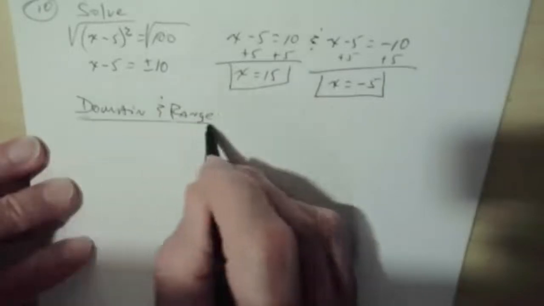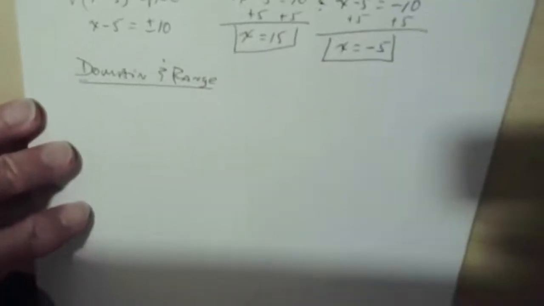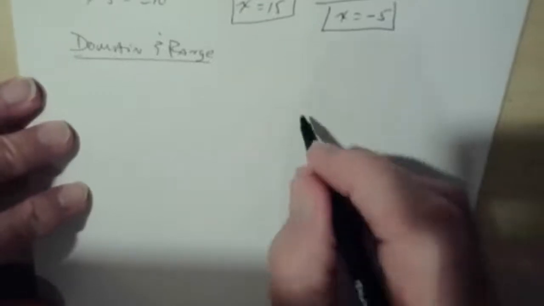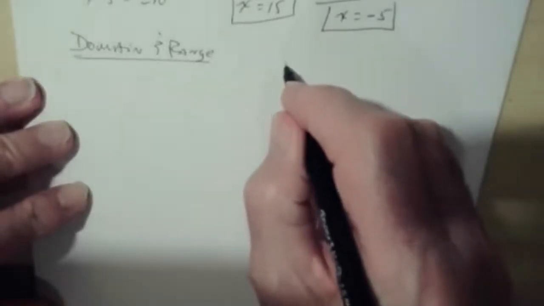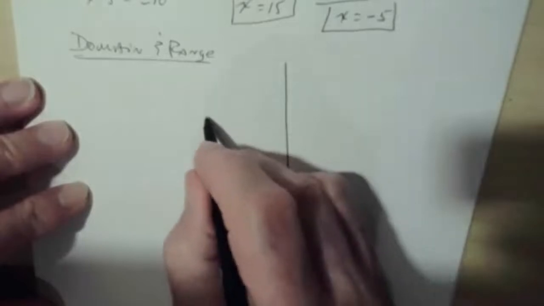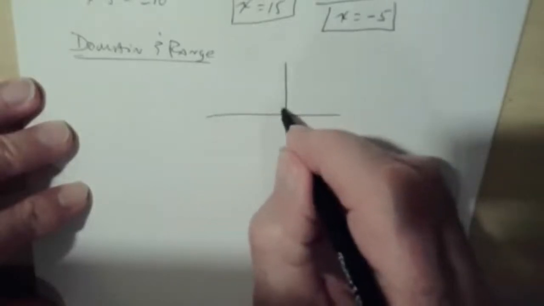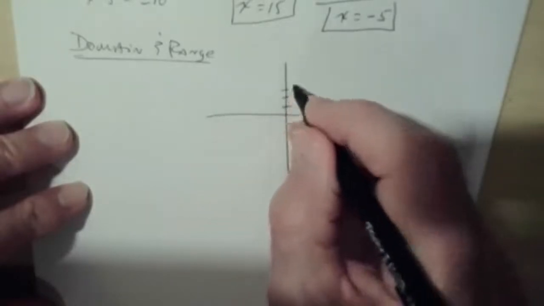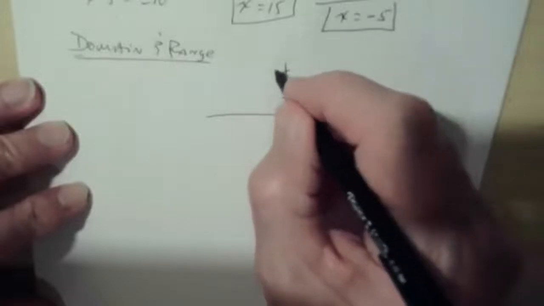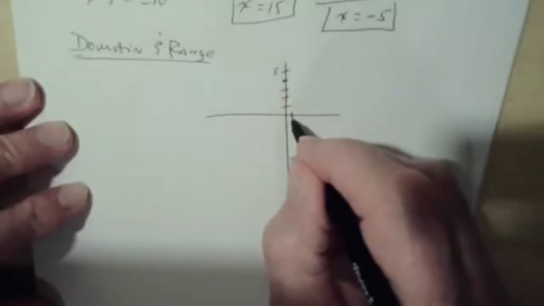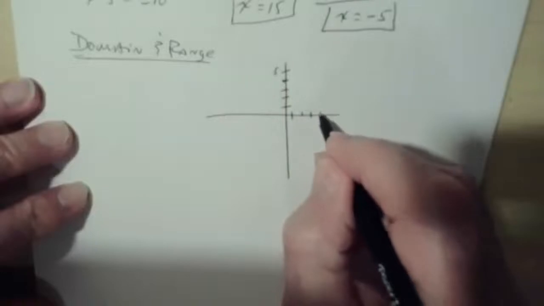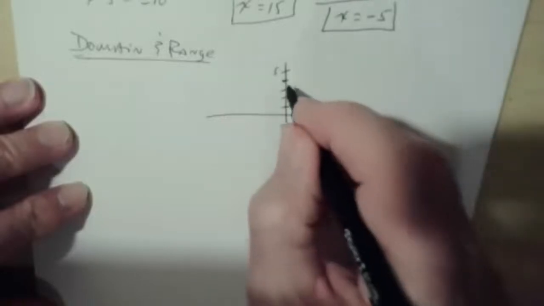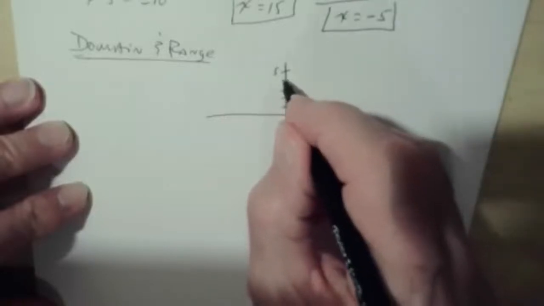Let's see if we can make something similar to it. 1, 2, 3, 4, 5. 1, 2, 3, 4, 5. If we have a hole in the graph, let's say right here.